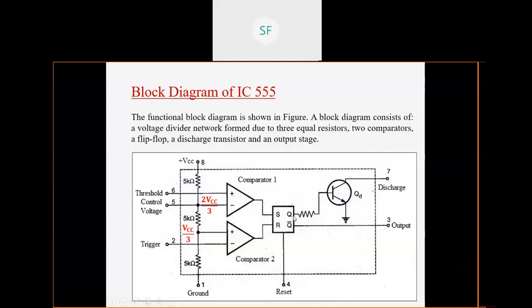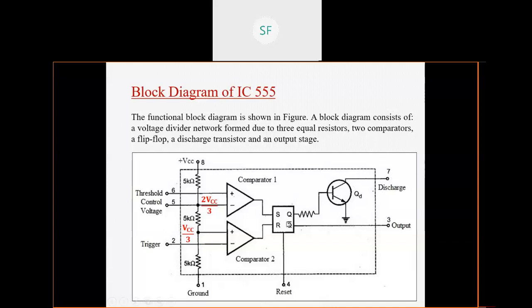So one of the outputs of the flip-flop, that is Q, is connected to the base of the discharge transistor through, let's say, one resistor. So this output Q is basically driving your transistor. You can observe the emitter terminal is grounded, and the collector terminal of this discharge transistor is nothing but the discharge pin of your IC.